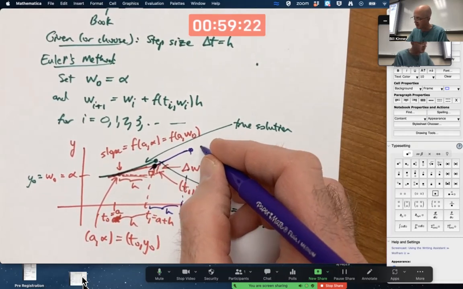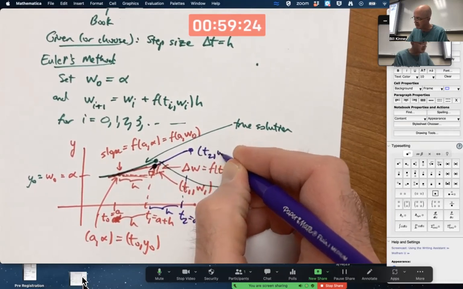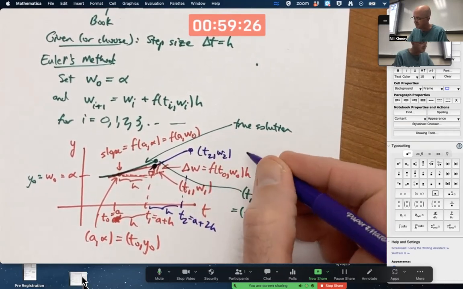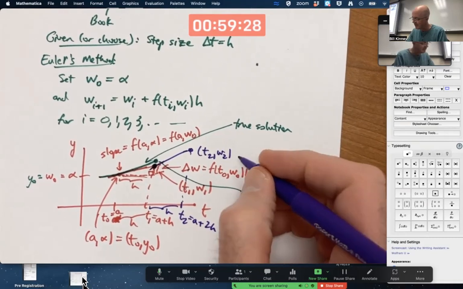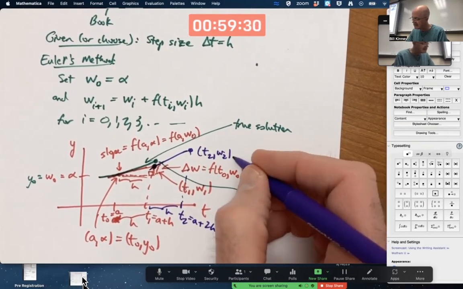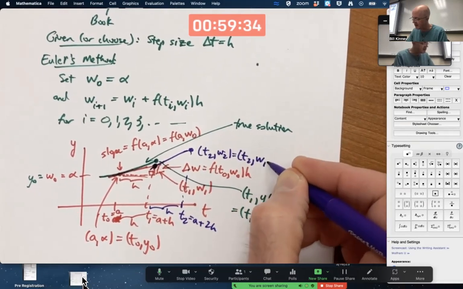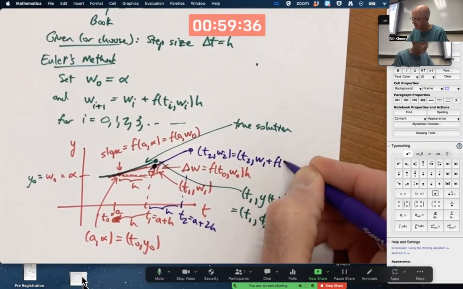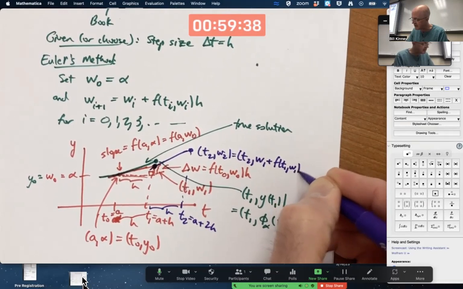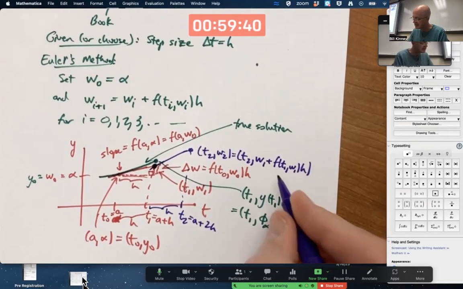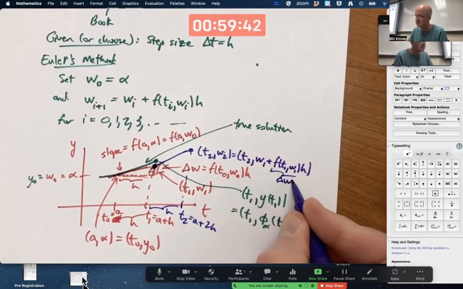The coordinates of this point will be t2 comma w2, and w2 is going to be w1 plus f of t1 comma w1 times h. The change in w is that now.